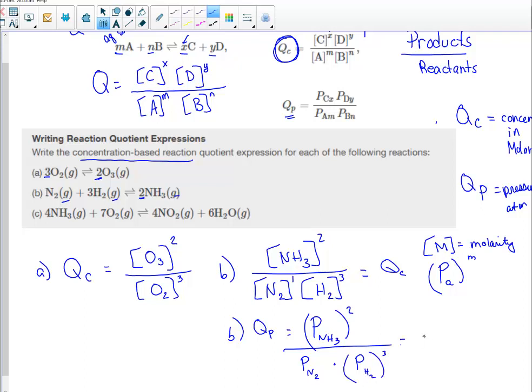For Kp, gases are the only reactants and products that exert pressure. So gaseous reactants and products only.